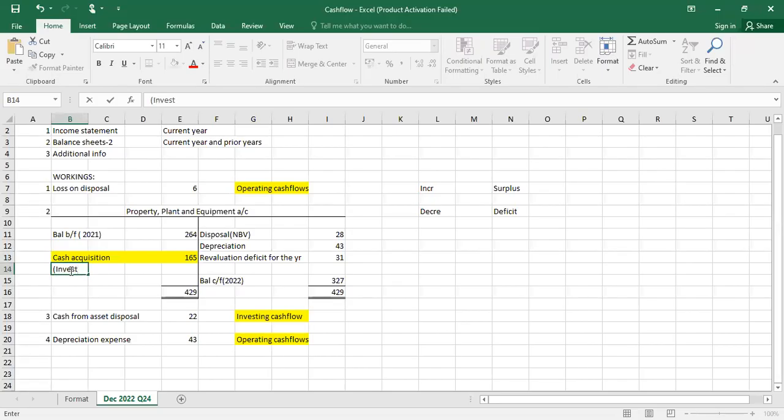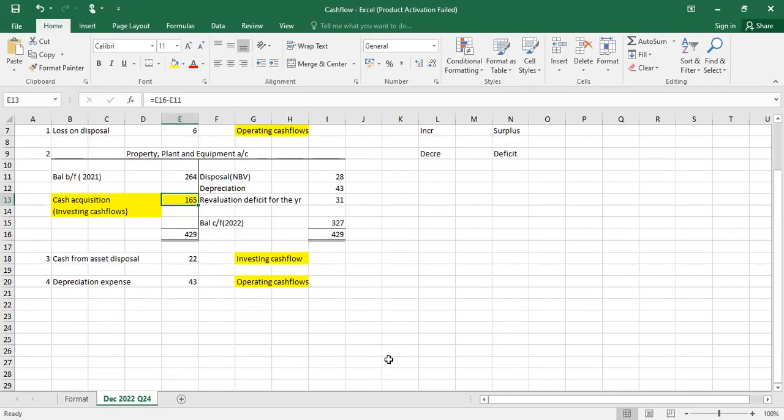Later in the statement of cash flows, we shall classify this under the investing cash flows. So later for the investing cash flows, we'll say that we have this 165. All right. So the sole purpose for preparing this account for the PPE, remember, is that we get the value of this cash purchase, because that will then appear later in our statement of cash flow.